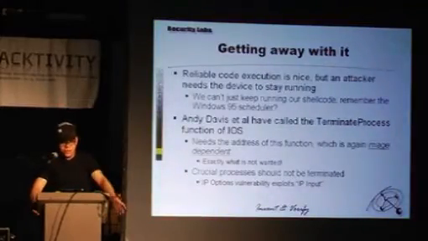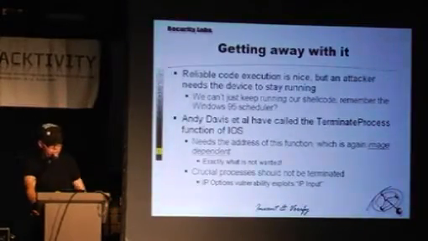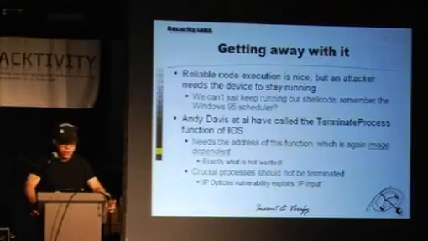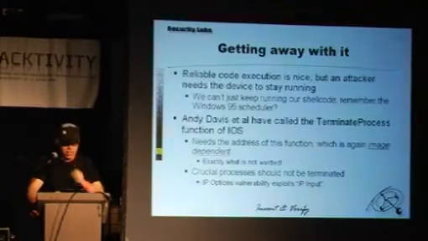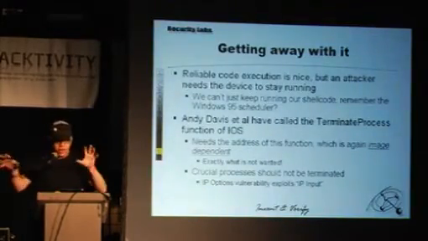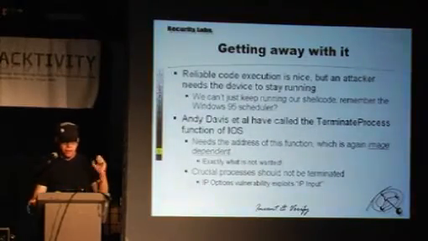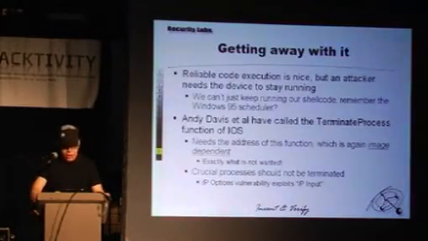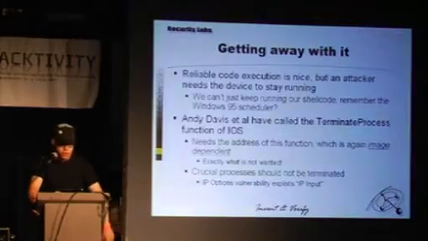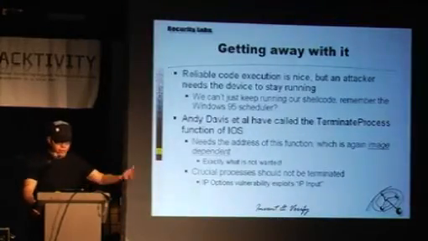Once you have code execution, I mentioned that we have a Windows 95 scheduler, so you actually need to pose as if nothing happened. Most people, in other iOS exploits, will just call terminate process and terminate the vulnerable process.